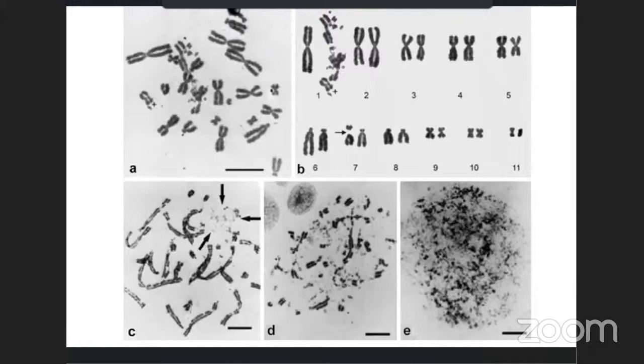Then you have to see the dilution factor also, which is necessary. Because if you dilute it more, you will get very sparsely spaced cells. If you dilute it less, all the cells are in one place, crowded cells. They do not spread or band properly.